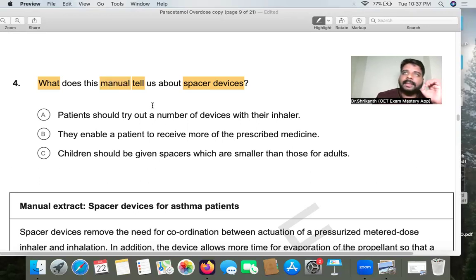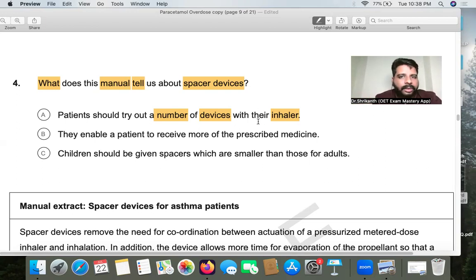This manual is telling the patients that they should try out a number of devices with their inhaler. So they already have a product in their hand, and with this product they need to try many other devices. Device number 1, device number 2, device number 3, device number 4. Like this, they need to try a lot of different devices with one specific inhaler.